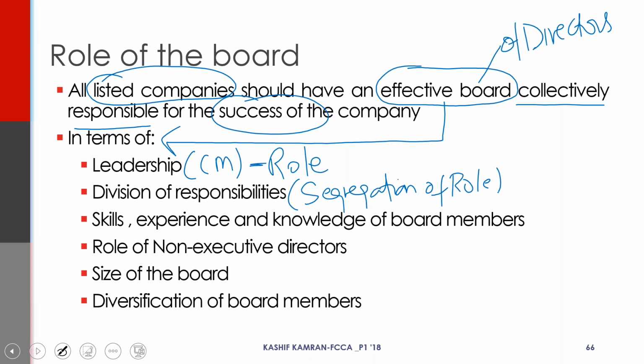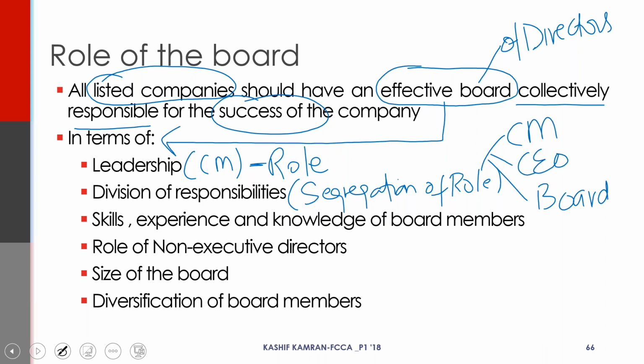The CEO should not do something which the chairman is doing. Every board director, whether it is a finance director, marketing director, HR director, each director has a role. So segregation of the role of the chairman, segregation of the role of the CEO, segregation of the role of the board. So everyone should know what is their responsibility.